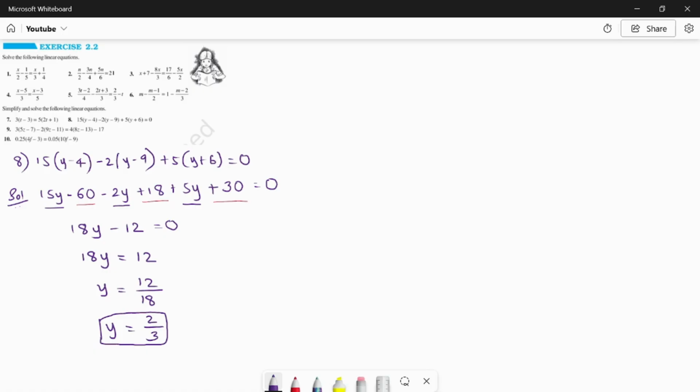Now, ninth question. 3(5z - 7) - 2(9z - 11) = 4(8z - 13) - 17.